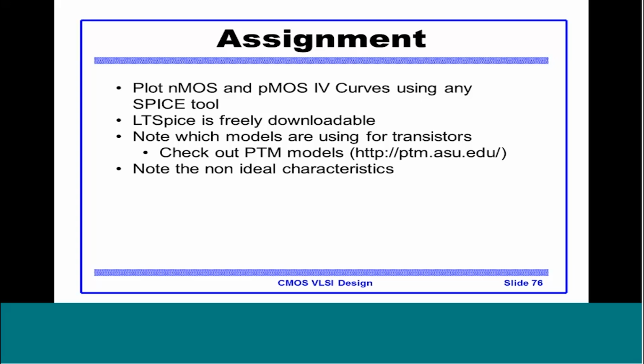You should look carefully at the IV curve and verify that you are in fact observing the non-ideal characteristics. If you are not observing them, there's definitely something wrong with the setup. So these assignments would be very useful in making the concepts clear, whatever we discuss in this chapter.